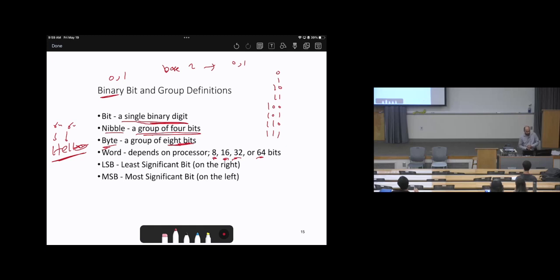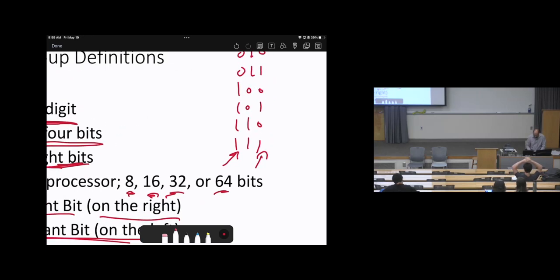Then there is also something we call least significant bits, which is on the right, and the most significant bits on the left. What do you mean by that? It's normal, like you see here the counting, if I put the missing bits as zeros, it's normal to say that here is the lowest number, here is the largest number, right? When we count this, we will say here is the largest digit, here is the smallest.